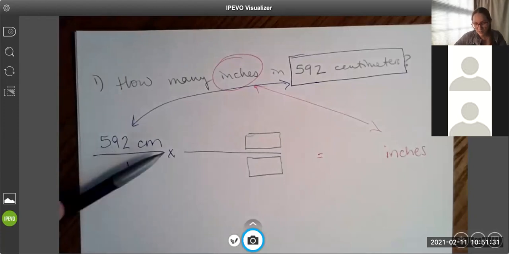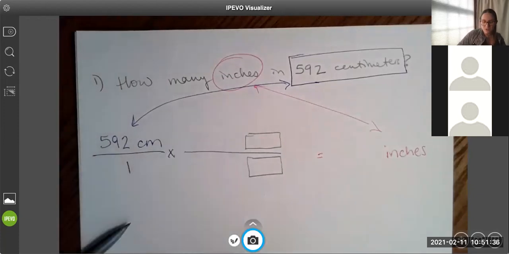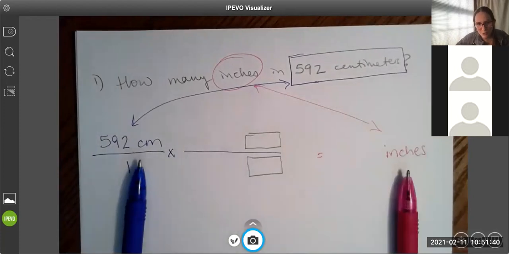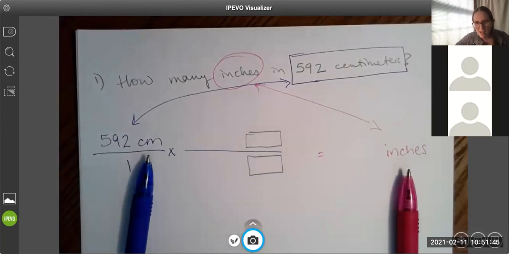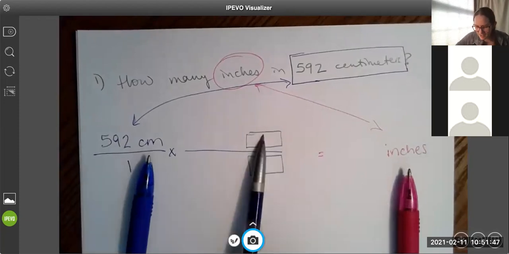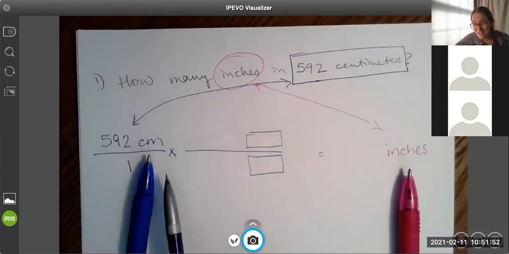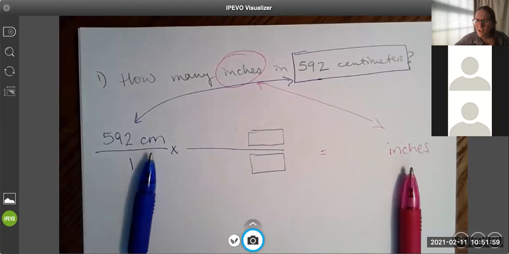Here and here are going to be units, like these little words after the numbers. So we want to convert it from centimeters into inches. And in these little boxes we're gonna put the units. We start with centimeters, but do we want to end with centimeters?